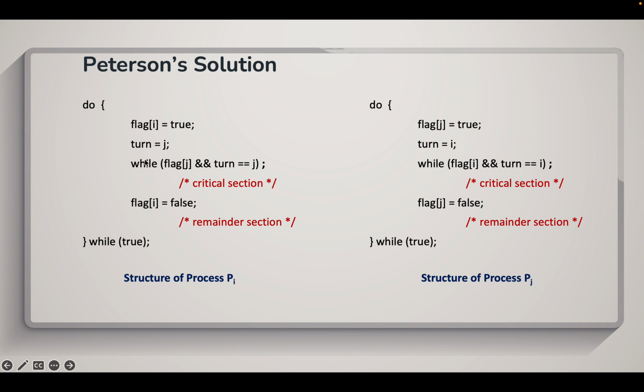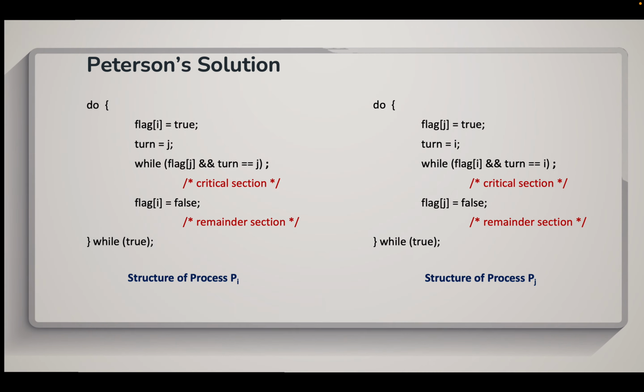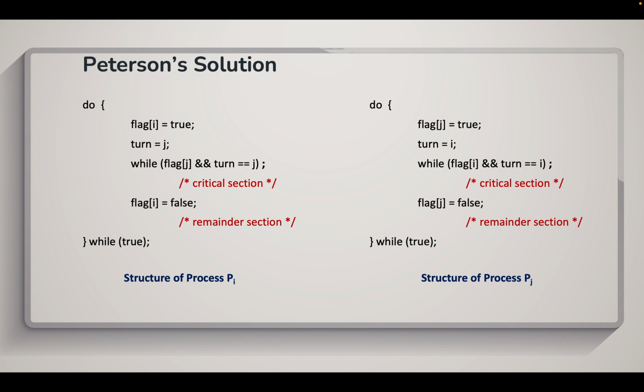Now the while loop executes indefinitely while flag of J and turn equal to J. So J is ready to enter its critical section and J is executing its critical section. Now the ith process will wait. If both conditions are false, it will enter its critical section. Once it finishes its critical section, it will reset its flag to false.